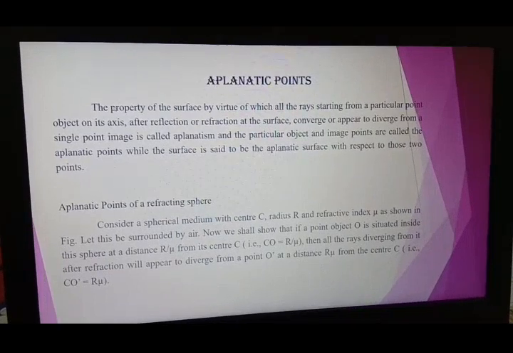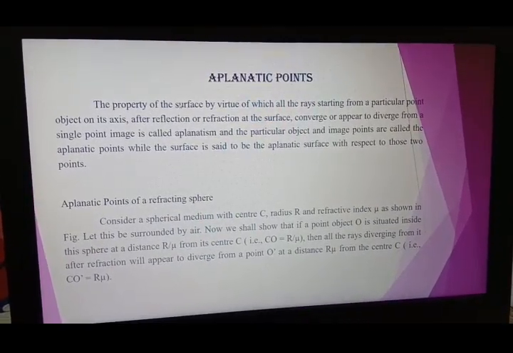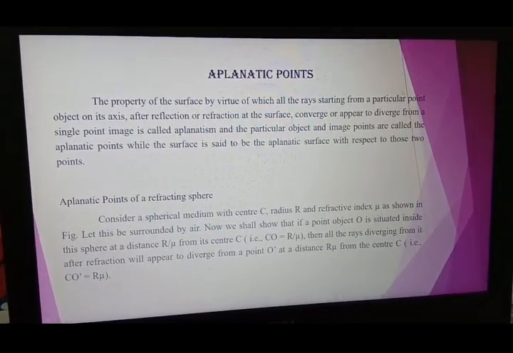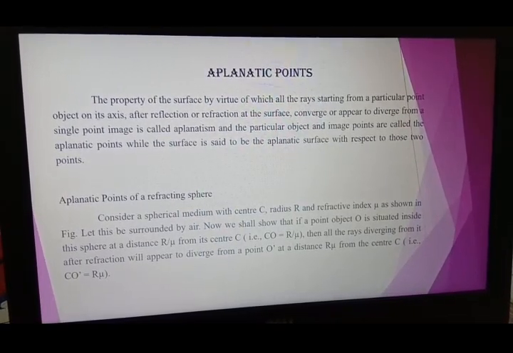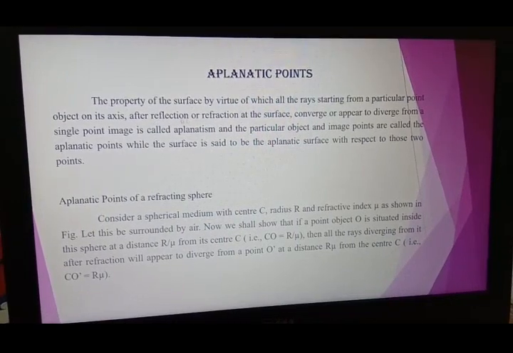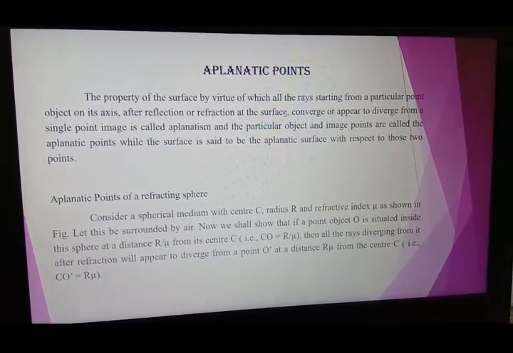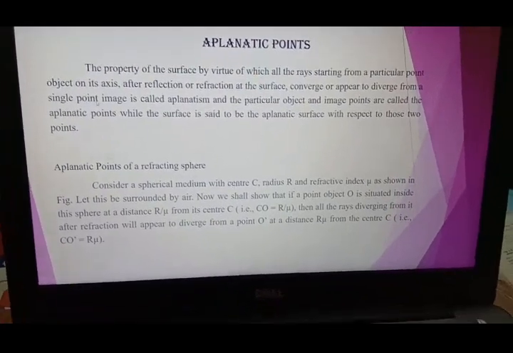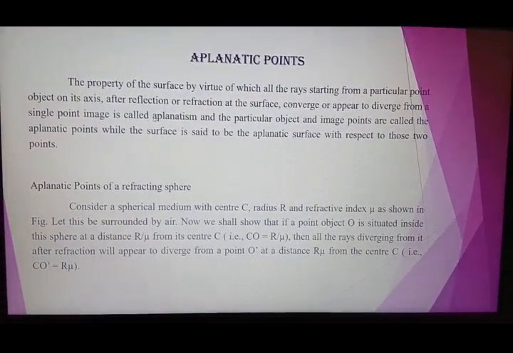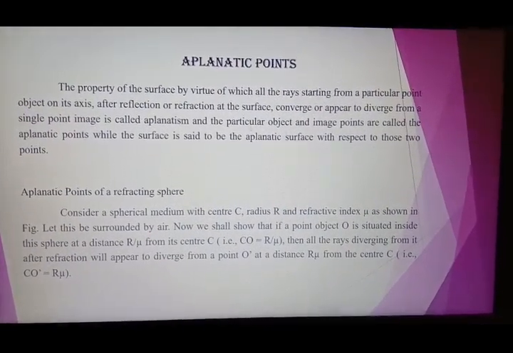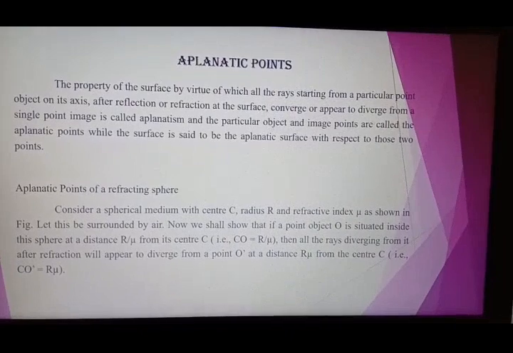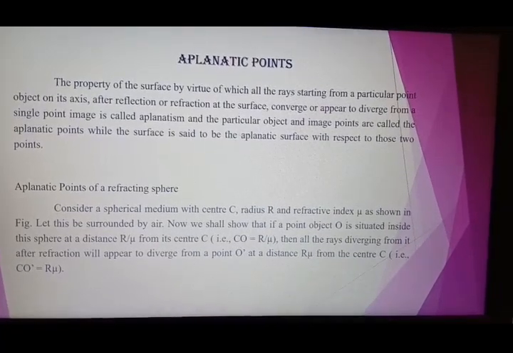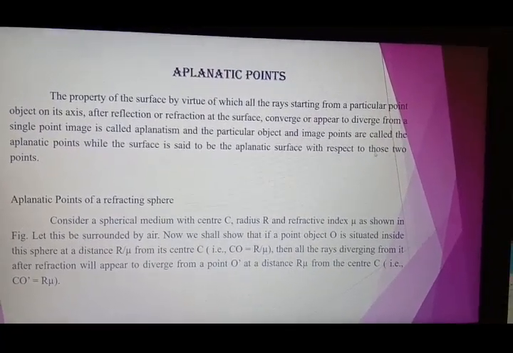Define aplanatic points as the property of the surface by virtue of which all the rays starting from a particular point object on its axis, after reflection or refraction at the surface, converge or appear to diverge from a single point image is called aplanatism, and the particular object and image points are called the aplanatic points, while the surface is said to be the aplanatic surface with respect to those 2 points.